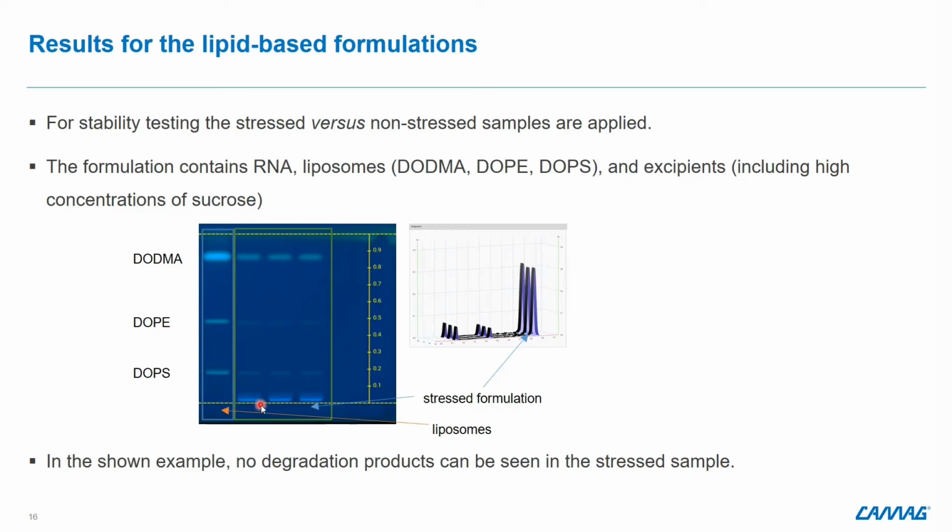Interestingly, the excipients like sucrose do not disturb at all the separation and detection, and the RNA and other excipients are either not derivatized or they stay at the application position. The chromatogram also shows a stressed formulation, which still does not show any degradation product.